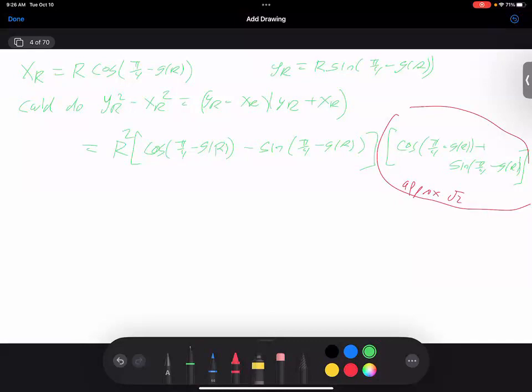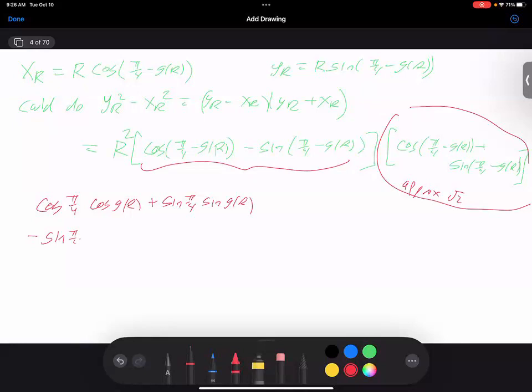If we focus just on this part, that's going to be cosine of pi/4 cosine g of r. Now, because it's a minus, that means it's going to be a plus sine of pi/4 sine of g of r. And now we have to subtract the sine. So then we would subtract the sine of pi/4 cosine of g of r.